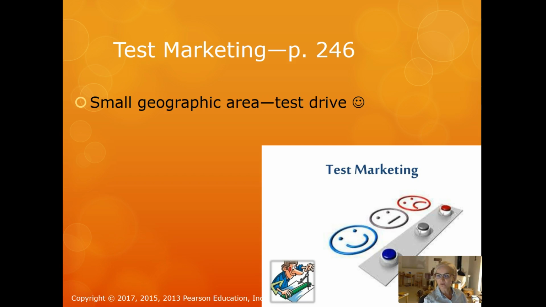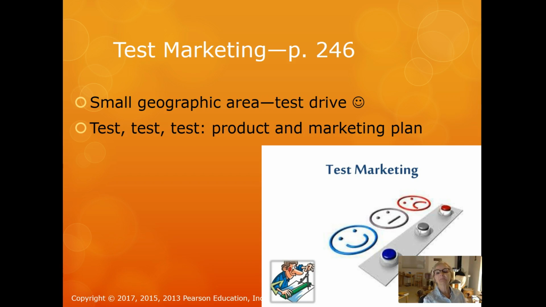And then it gets rolled out in the larger area. It's all about testing, testing, testing, not just the product, but also the marketing plan, because a plan is a theoretical construct. So how is it actually working once we put the product with a customer? And it's very expensive, costs a lot of time, costs a lot of money.